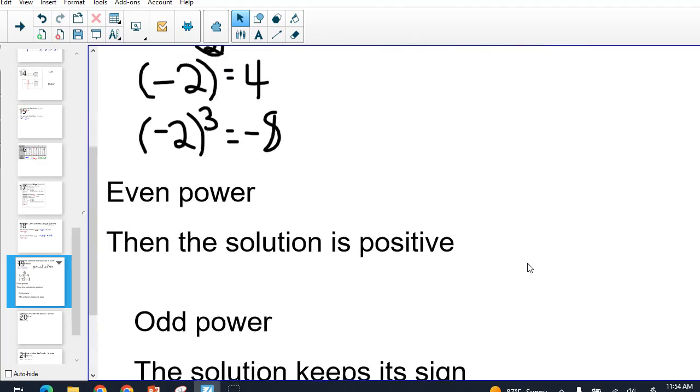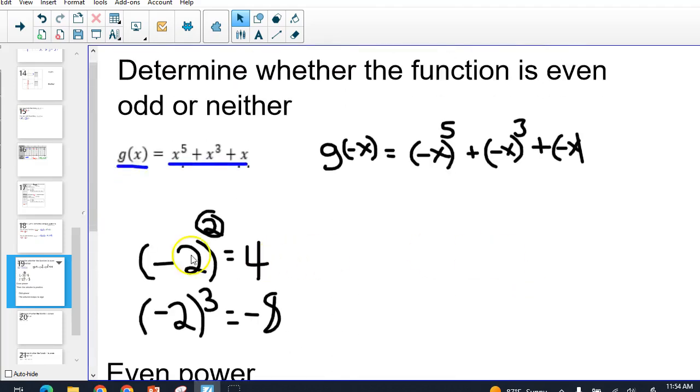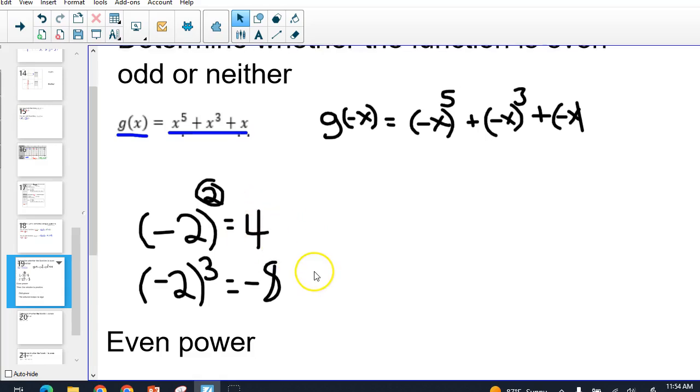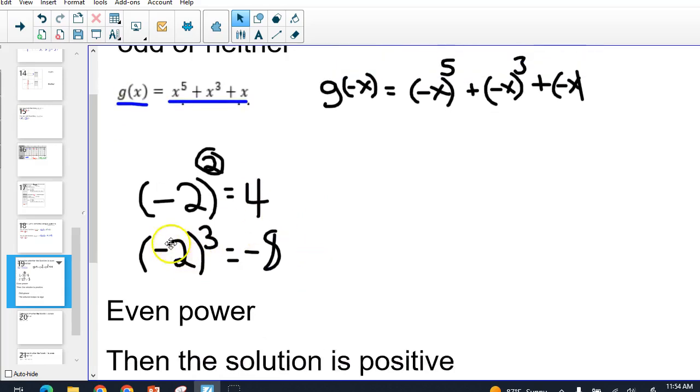So here, negative 2 squared, since squared is an even power, the solution is going to be positive. If we have negative 2 cubed, then our solution keeps its sign at negative 8.